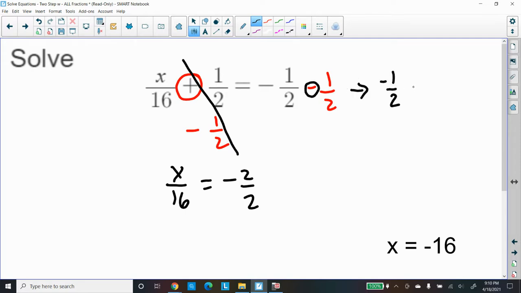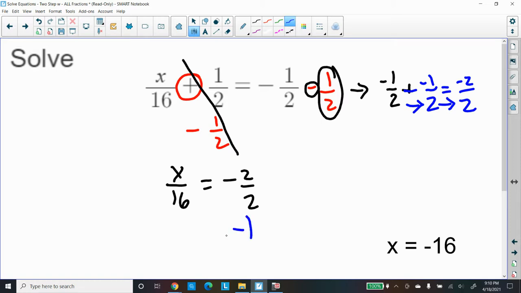Change this to addition and change this to its opposite, which would be -1/2. And the denominator stays the same. And -1 plus -1 is -2. So that's how we get -2 over 2. Or you can use your calculator. So now that we have the same number over the same number, that's -1.